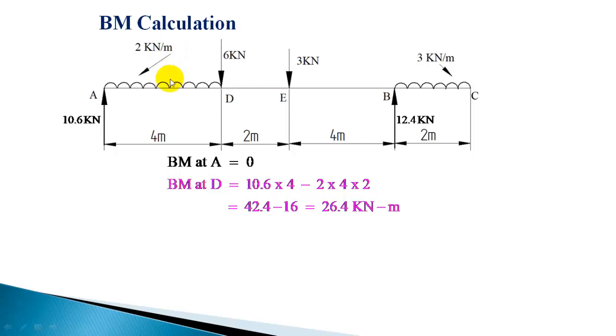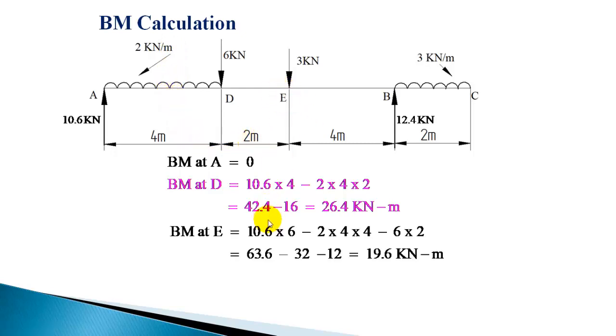So downward force produces negative moment with respect to this point E. So bending moment at E is 10.6 into 6 minus 8 into 4, minus this is also producing negative moment, minus 6 into 2. So the total is 19.6 kilonewton meter, that is bending moment at E.